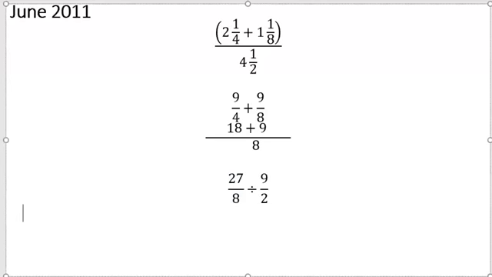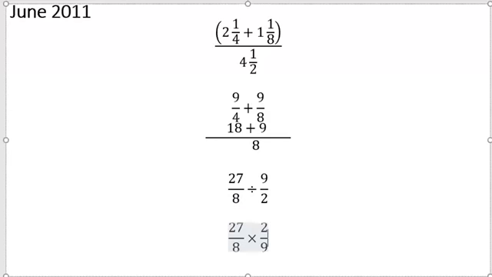And again we do not divide straight, so we have 27 over 8, change our division sign to multiplication and flip the fraction that follows, and now we have 2 over 9.